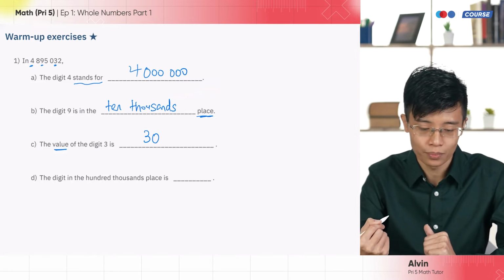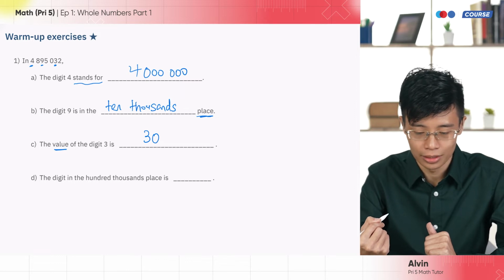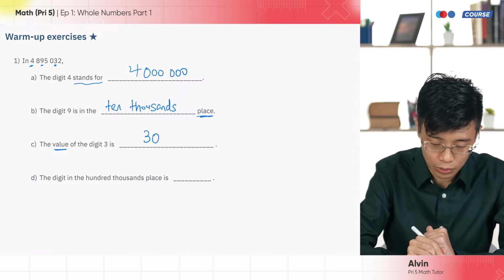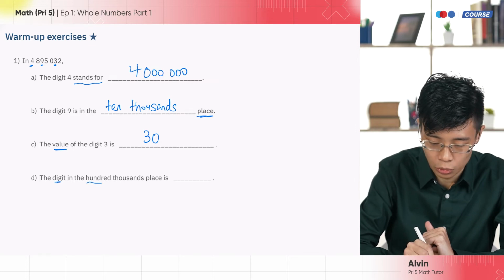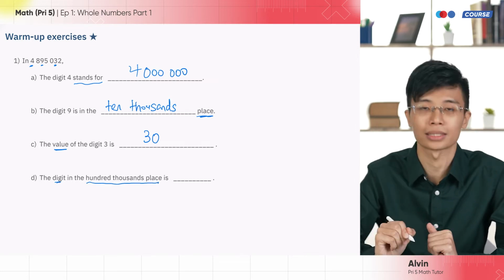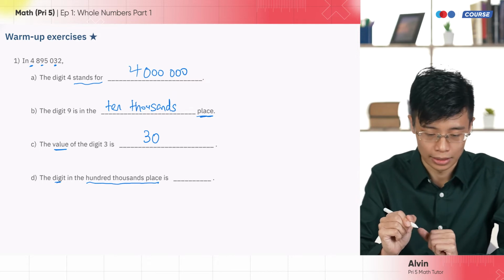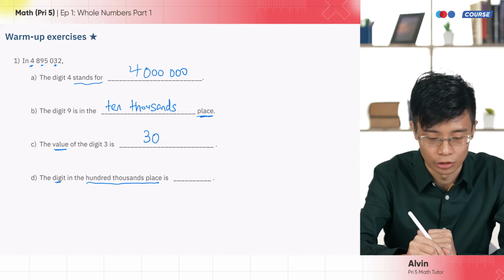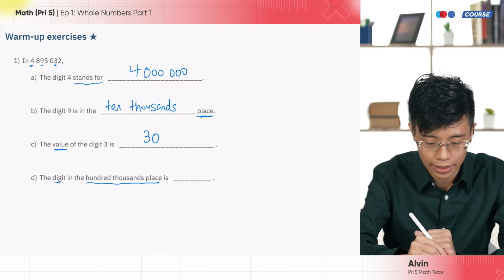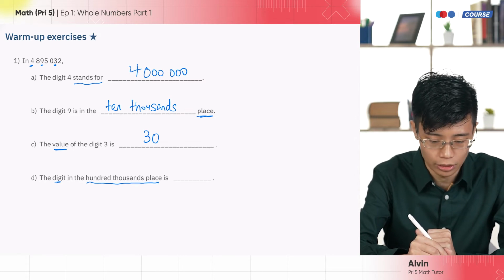Last part for question 1. The digit in the 100,000s place is. A few keywords here: they are asking you for the digit, and they give you a clue that we are looking at the 100,000s place. So let's locate the 100,000s place. We have ones, tens, hundreds, thousands, 10,000s, and then 100,000s.